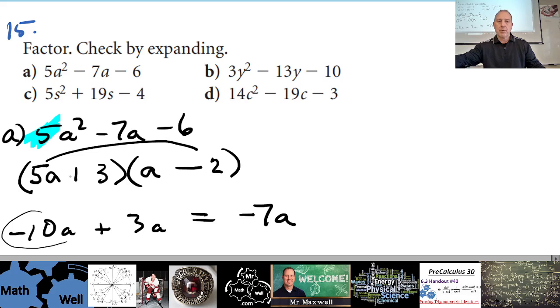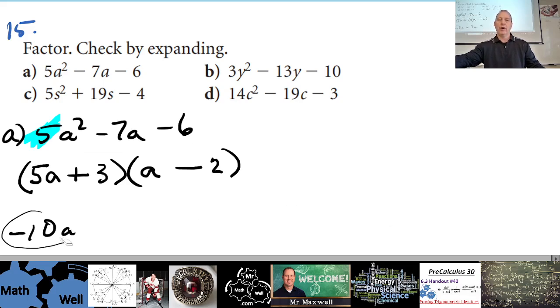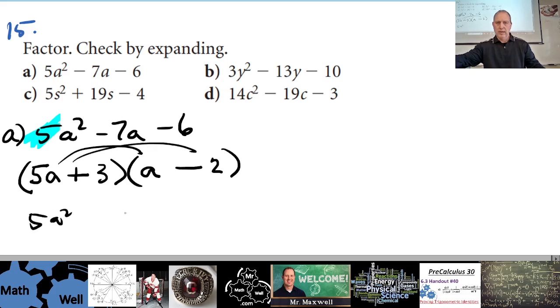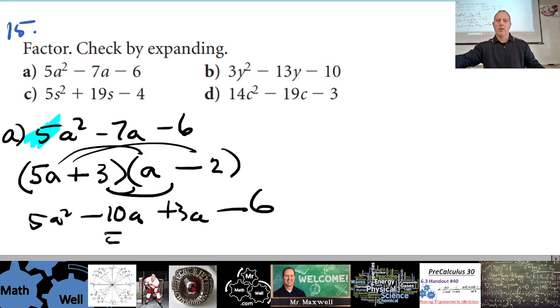And positive 3 times a will give me plus 3a. You see that? Now, a quick FOIL. 5a squared negative 10a plus 3a minus 6. There you go. 5a squared minus 7a minus 6. And this is your answer.